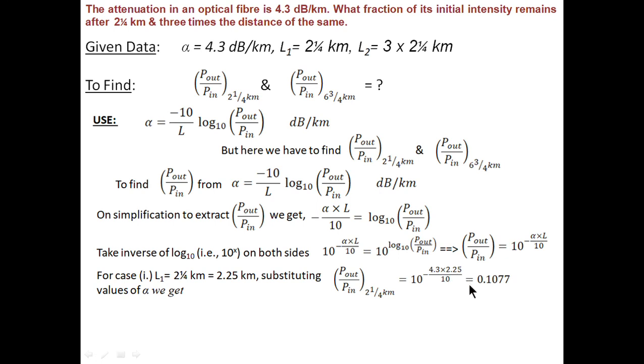So the value of P out by P input after 2/4 kilometer is 0.1077. You found out the ratio. Now compare when you increase the distance: will it reduce or increase? Obviously it has to decrease.